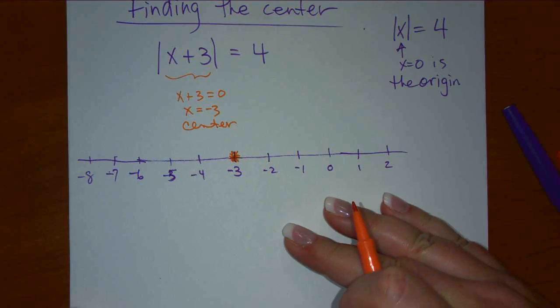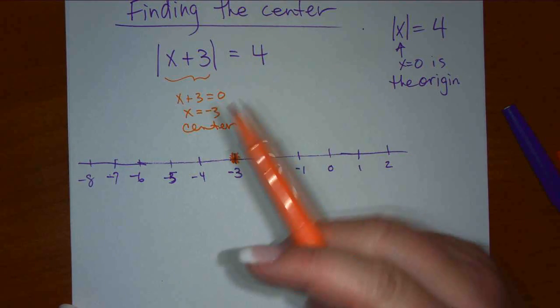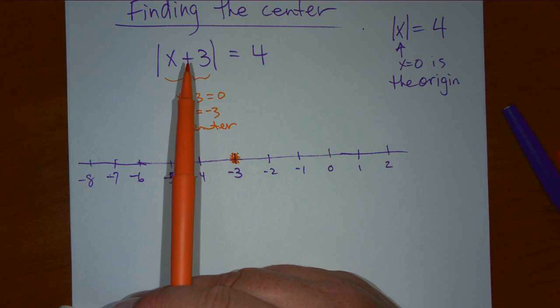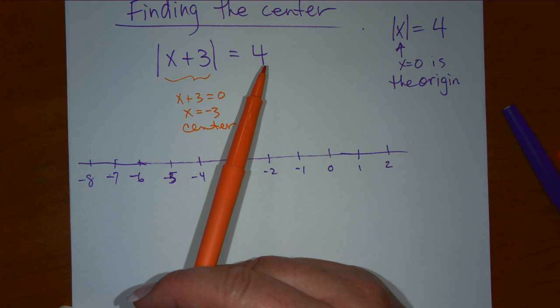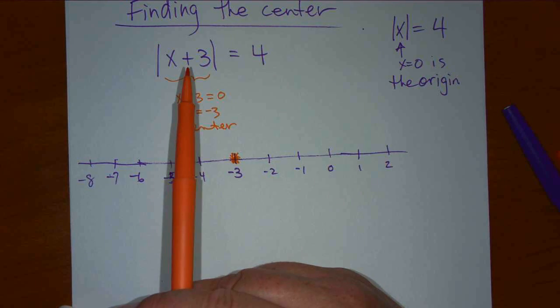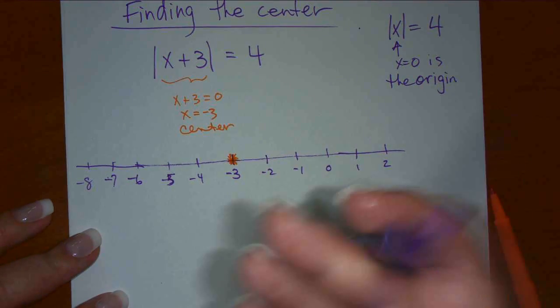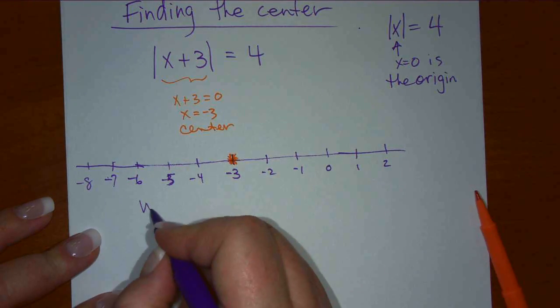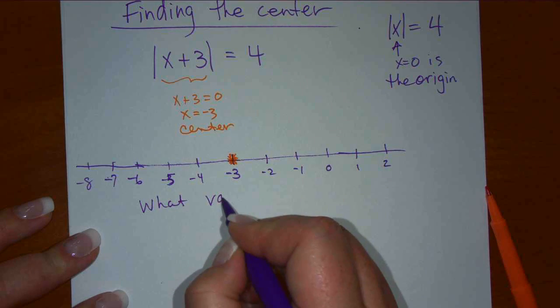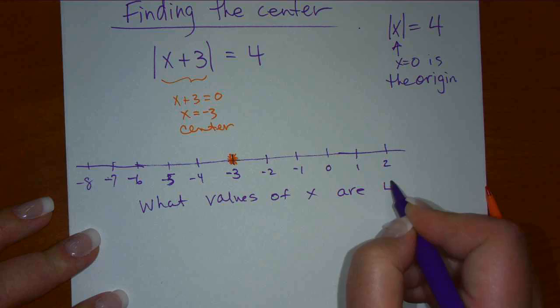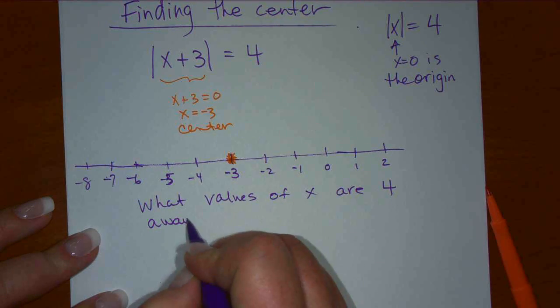So if we're centered here, what's this question asking? What numbers are distance of 4 away from negative 3? That's what the question is asking. What values of x are 4 away from negative 3?